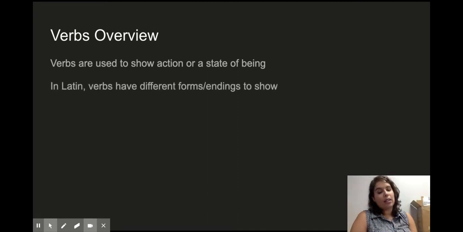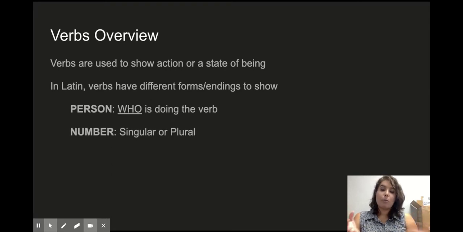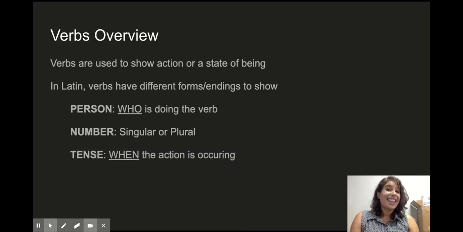Now, in Latin, and this is where it differs from English, there will be different forms or endings for verbs that will show things like person. As I said, person is referring to who is doing a verb. Number, whether the verb is singular or plural, and this is closely tied into who is doing the verb, as we'll see in a minute. And tense.